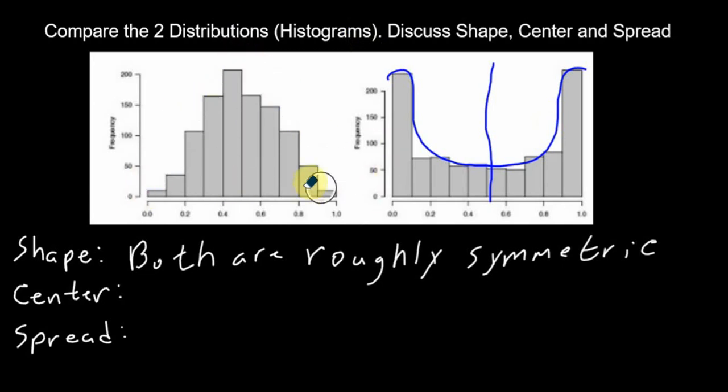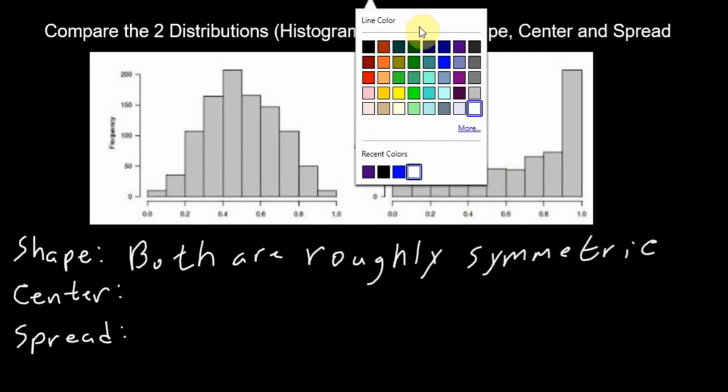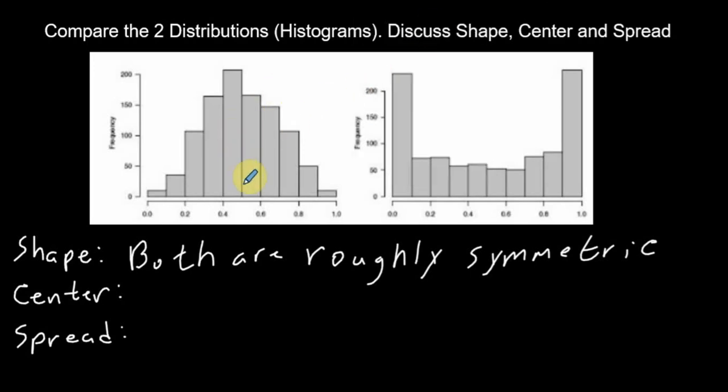Let's get rid of those. All right. So now we're going to be looking at center. Again, they're both roughly symmetric, so we're going to be talking about the mean, sort of like the balance point. Looks like the mean is somewhere around 0.5.